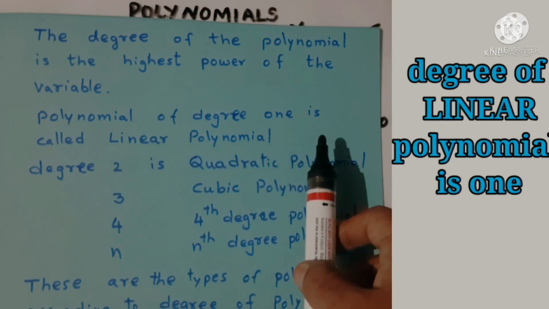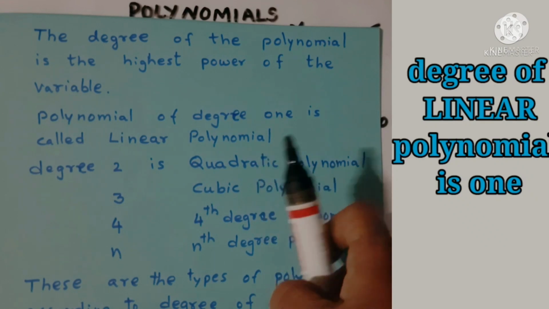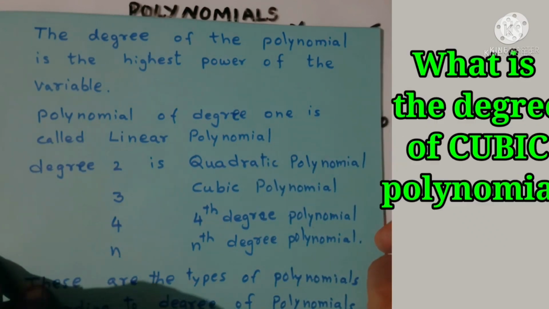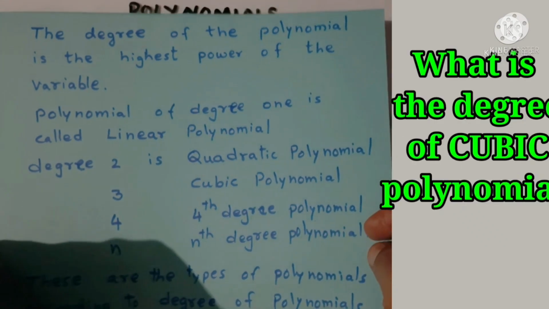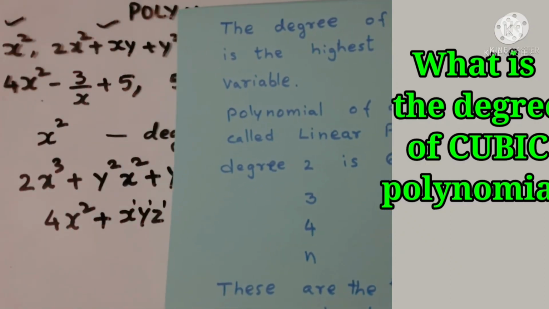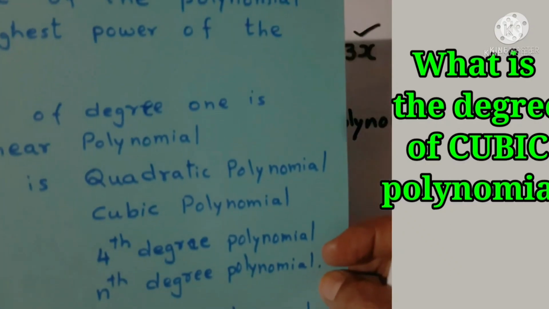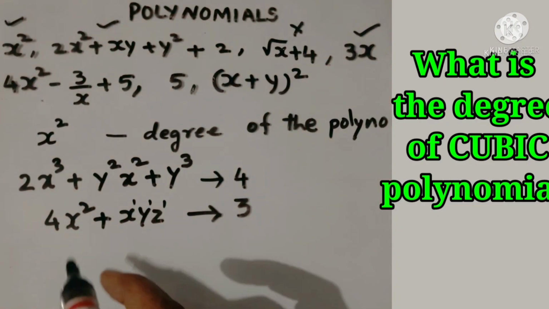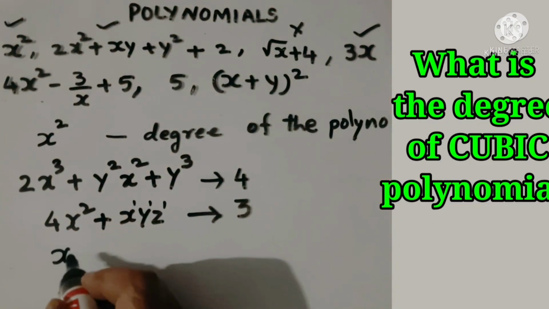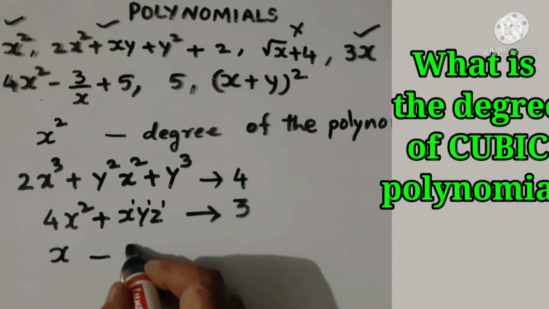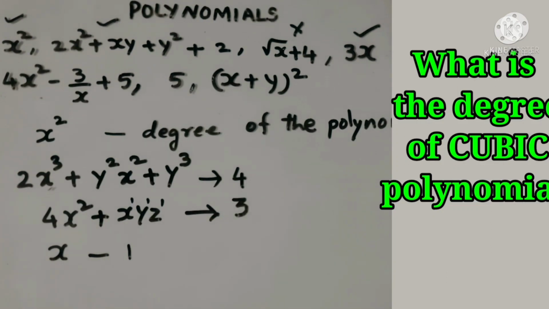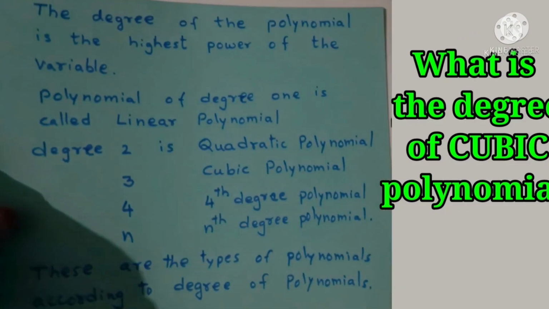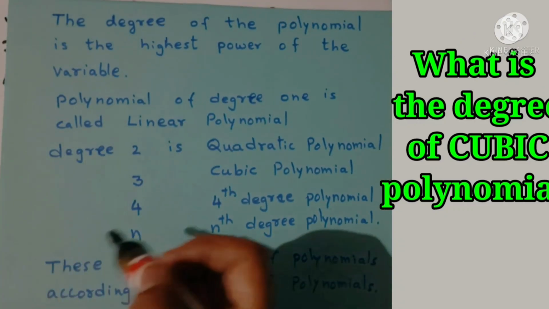A polynomial of degree 1 is called a linear polynomial. I will show you. If only x is there, the power is 1 and the degree of this polynomial is 1. This is called a linear polynomial.